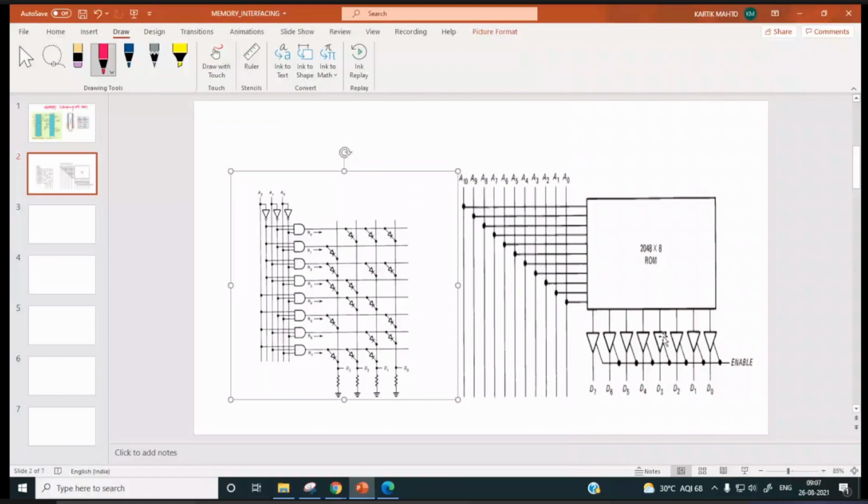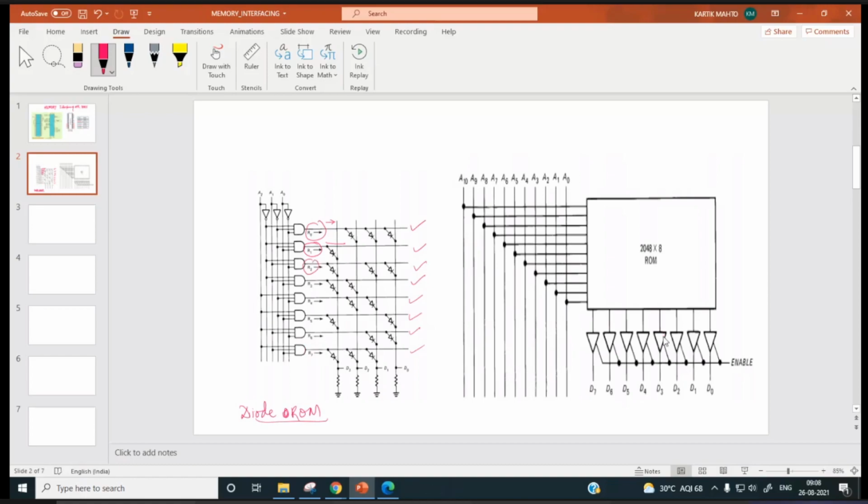This is diode ROM, and in this diode ROM, 8 4-bit data are stored. The first data is stored over here, second is stored over here, third over here. Similarly, the eighth one is stored over here.